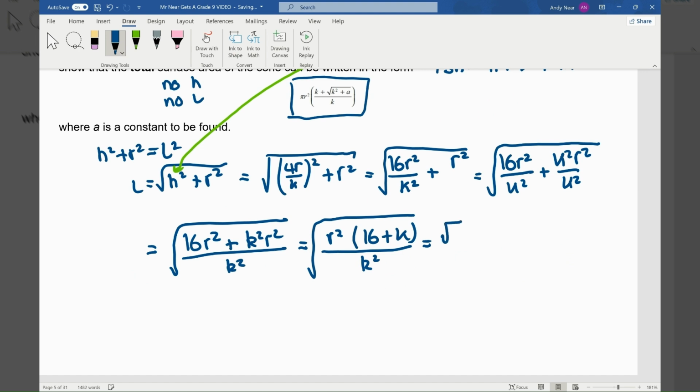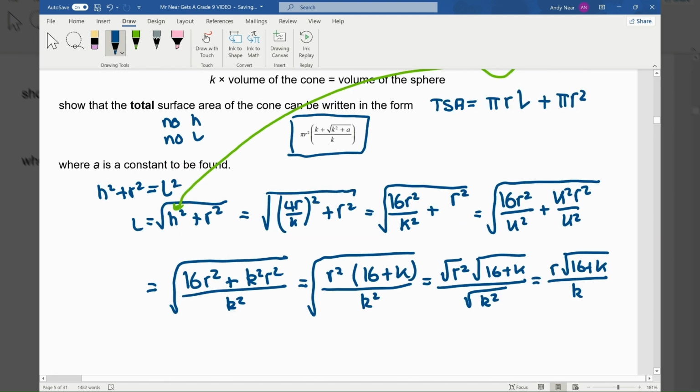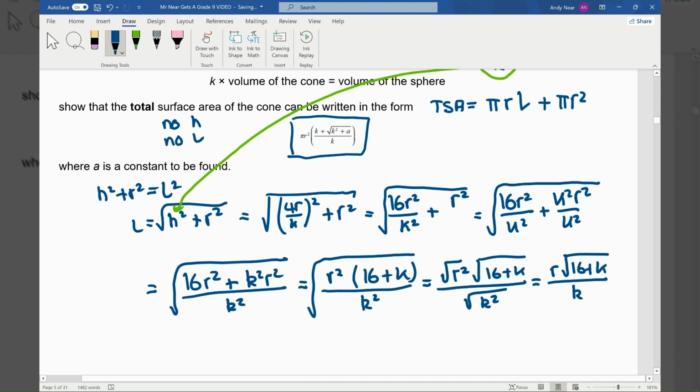Now, square rooting all of those is the same as, because they're multiplied and divided by each other, the same as square rooting these individually. Now, that's nice because r squared square roots to r, and this k squared square roots to k. So this is my expression for l.